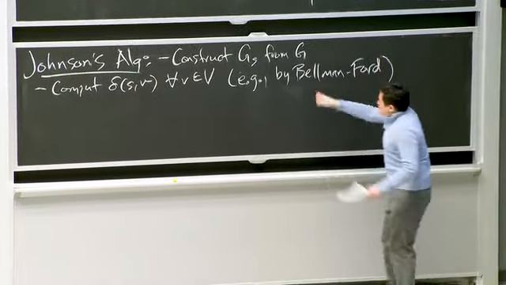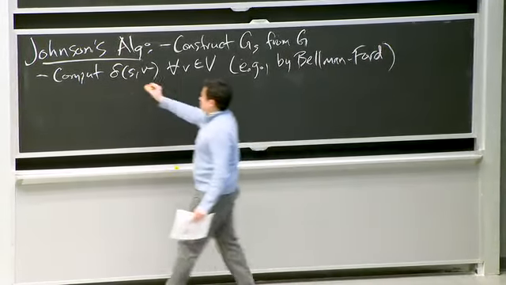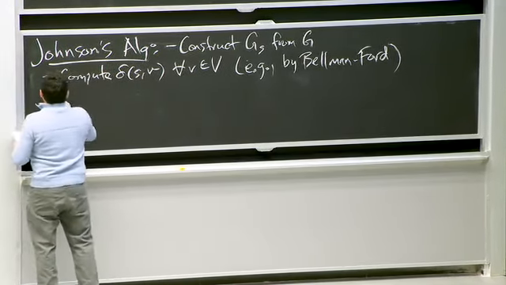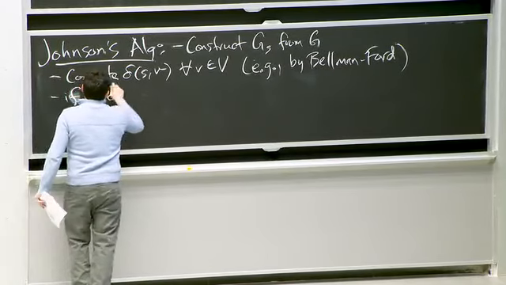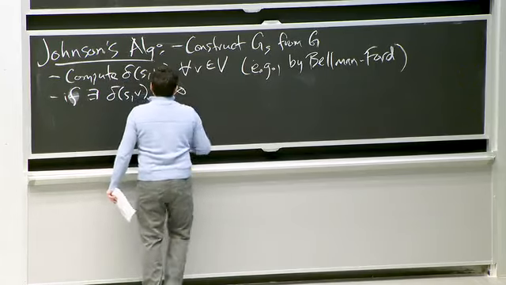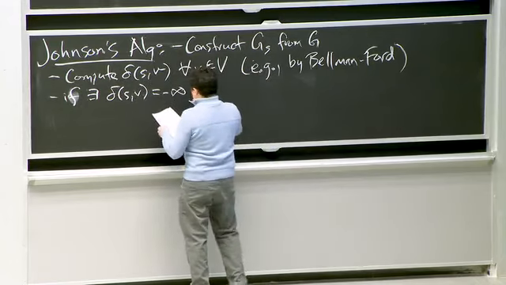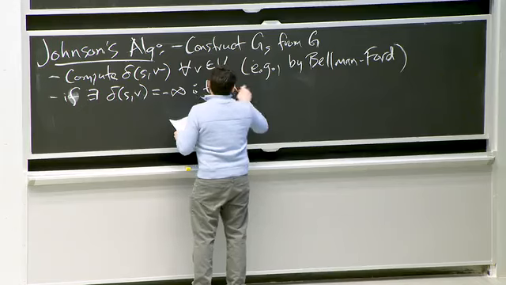This is just a single run of Bellman-Ford here. Compute. And then there are two possibilities. If there exists a delta S V that's minus infinity, then abort.